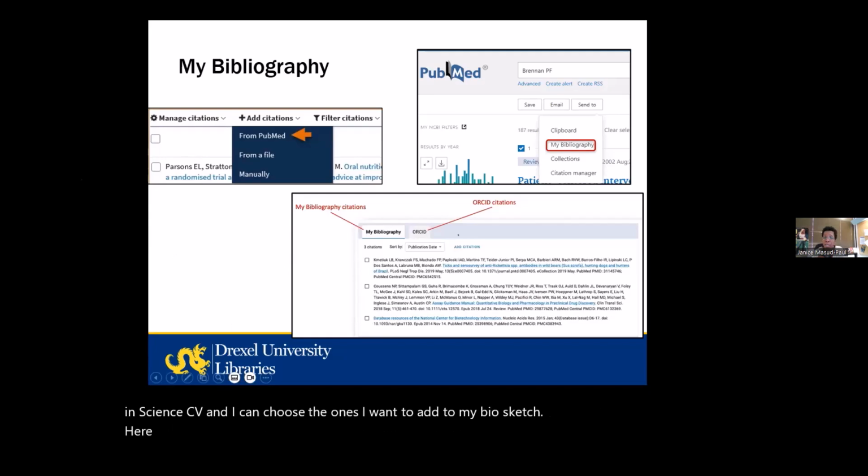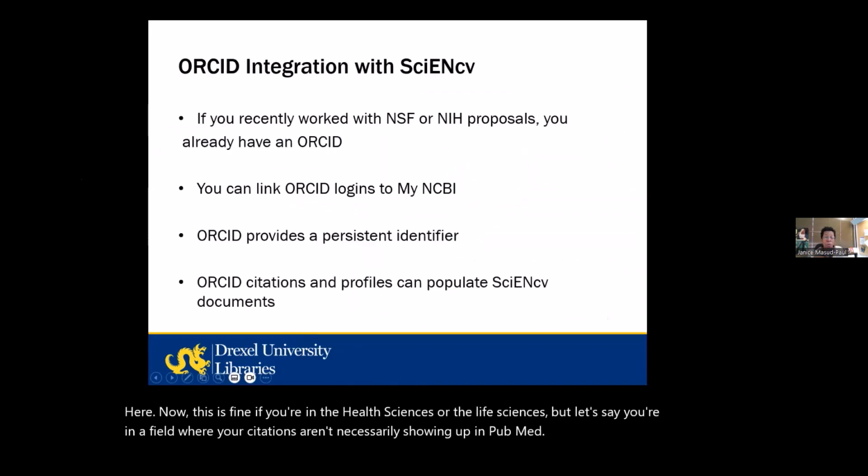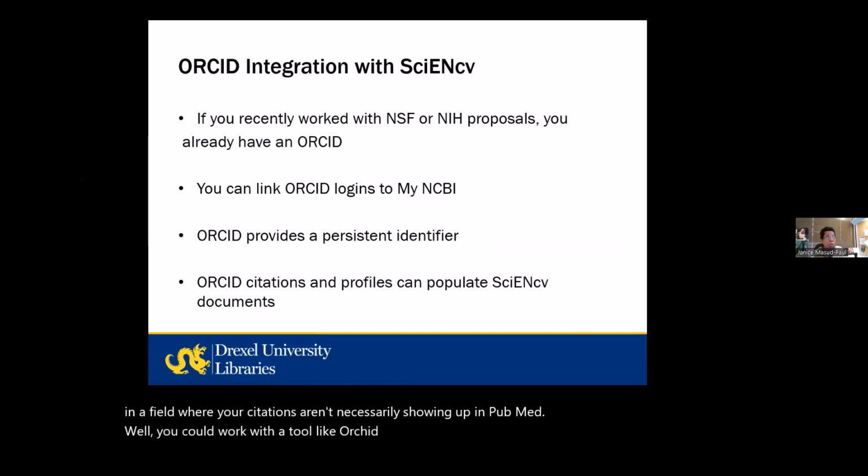Now, this is fine if you're in the health sciences or the life sciences, but let's say you're in a field where your citations aren't necessarily showing up in PubMed. Well, you could work with a tool like ORCID in that case. So there are a lot of different advantages of using ORCID with SciENcv.